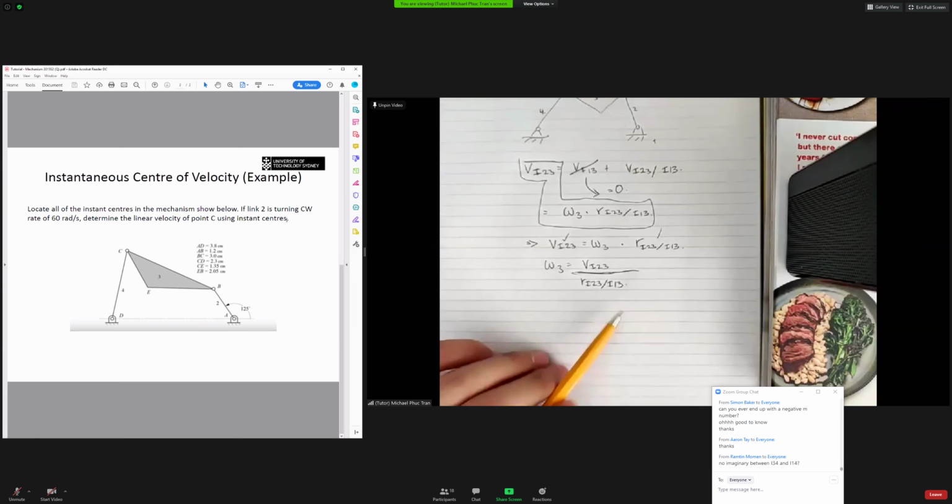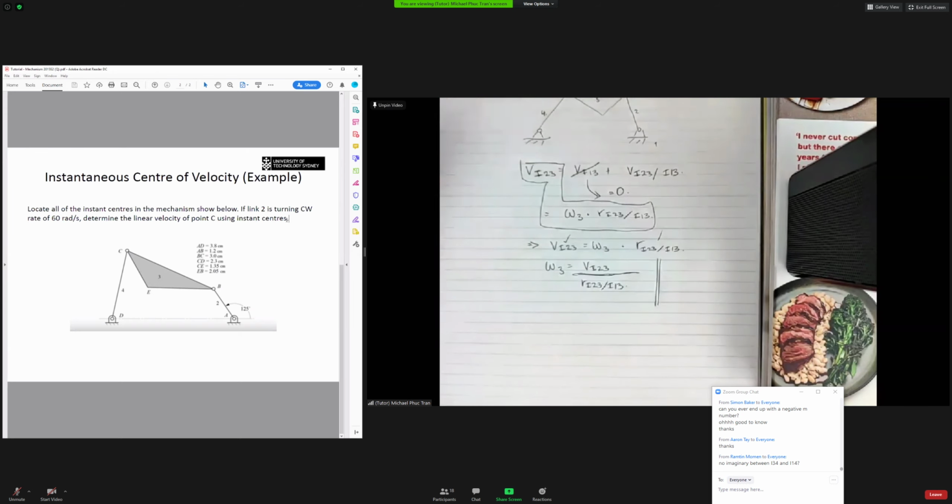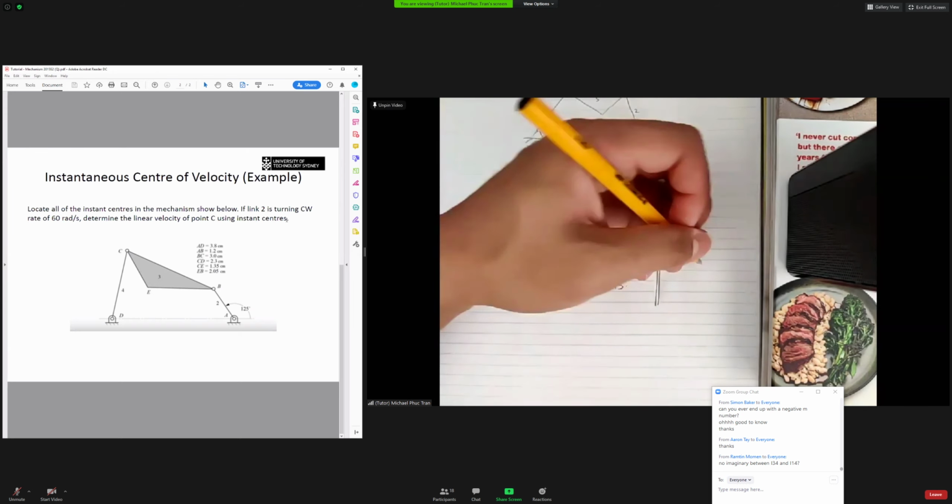All right, yeah, so there's actually something missing in this tutorial. The way that you would find this distance would be to draw it to scale or print it and then measure it using a ruler. But obviously I can't do that. So I'll just have to give it to you.